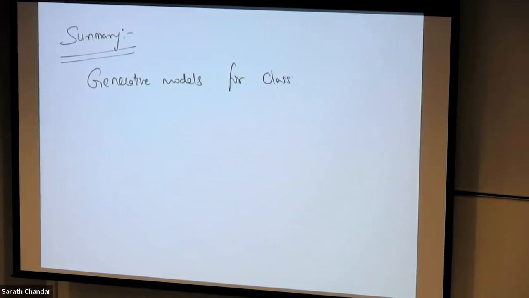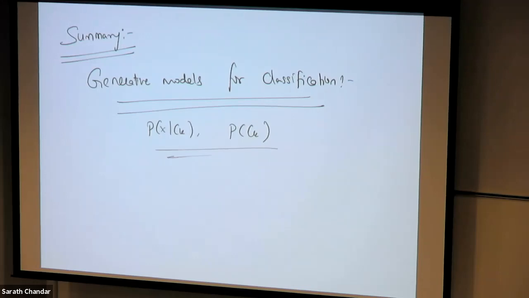So as a summary of what we have seen so far, we are focusing on generative models for classification, where the basic idea is to compute P of X given CK and P of CK, and then use Bayes' law to compute P of CK given X. So we looked at two algorithms.